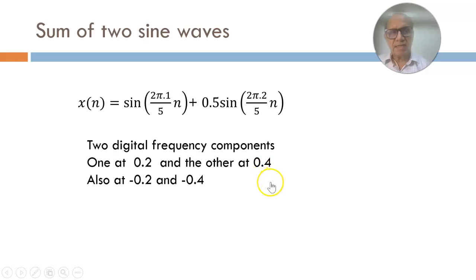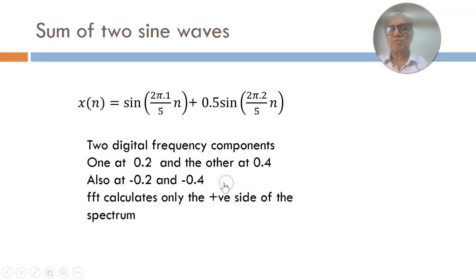And since this is a double-sided spectrum, you will also get these components at minus 0.2 and minus 0.4. Remember, amplitude spectrum will be an even function of frequency and phase spectrum will be an odd function of frequency. But the FFT function calculates only the positive side of the spectrum, and later on we'll see how to take care of it.